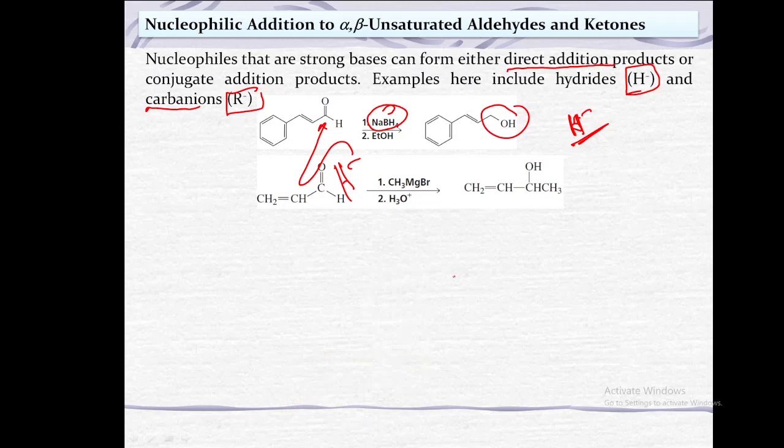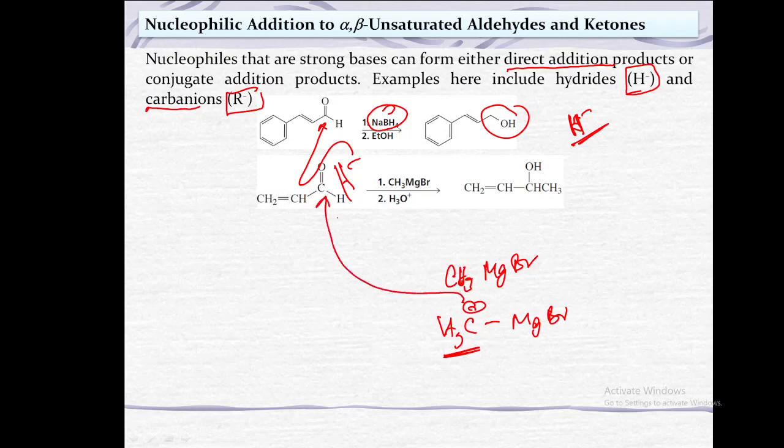When we write CH3MgBr, this is a carbon directly connected to a metal, and we're saying this one here is negatively charged. It's a carbanion. So it's this methyl ion here that is going to attack directly. So when they are very strong bases as shown here, then you have direct attack. Those are direct attacks.